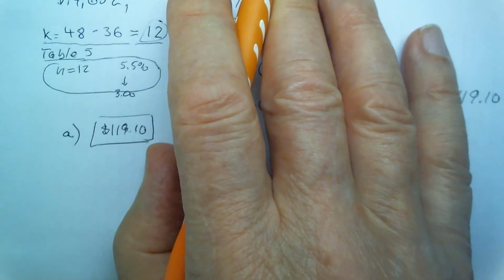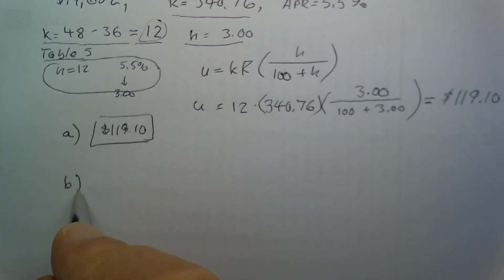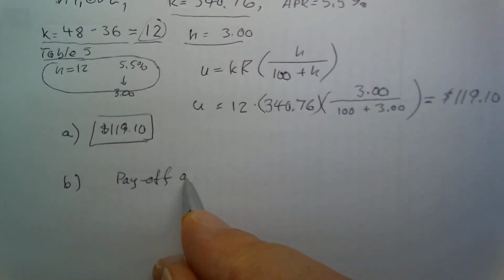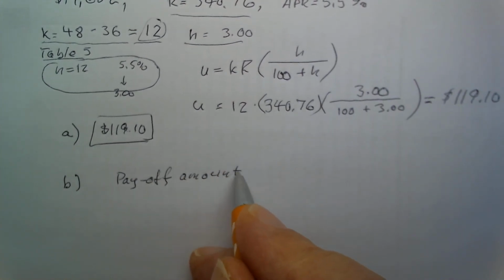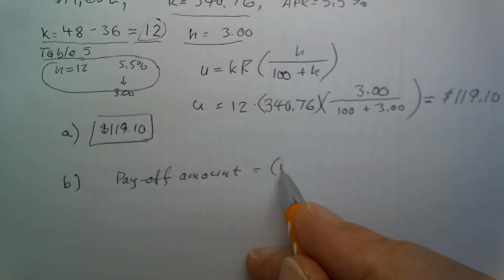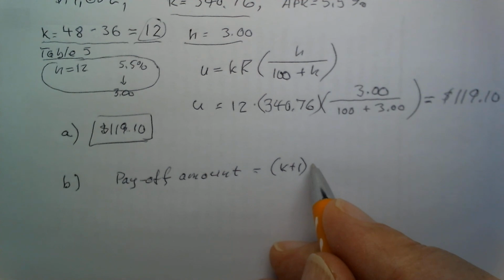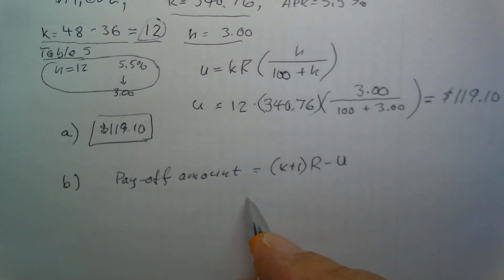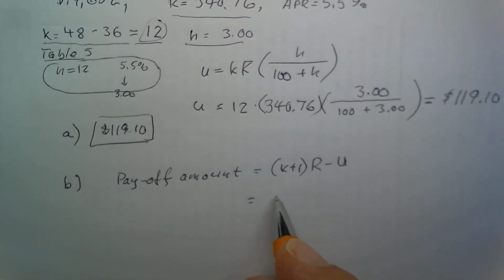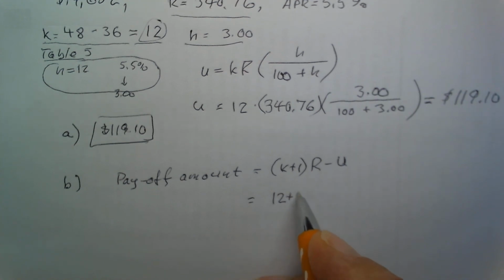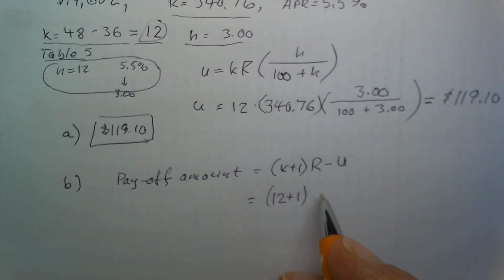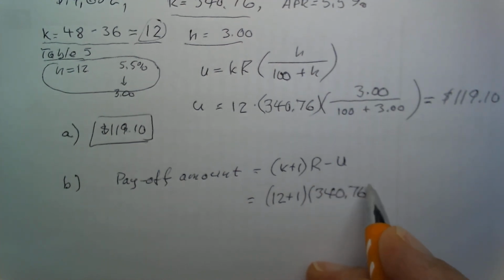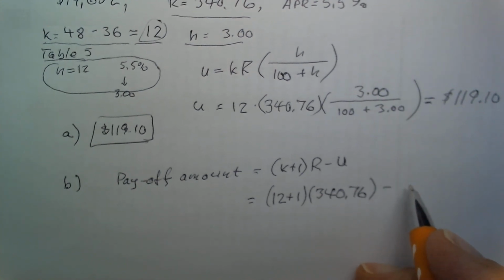Now for B, the payoff amount. Remember, the payoff amount is equal to K plus 1 times R minus U. In other words, that's equal to 12 plus 1 times 340.76 minus 119.10.